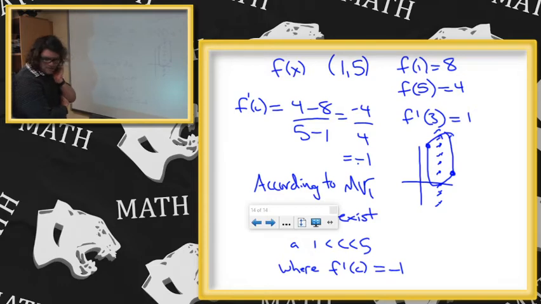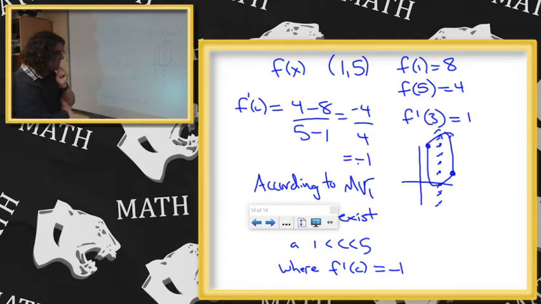I'm trying to think of whether it being continuous if it's differentiable means that the derivative is smooth. It does for the original.